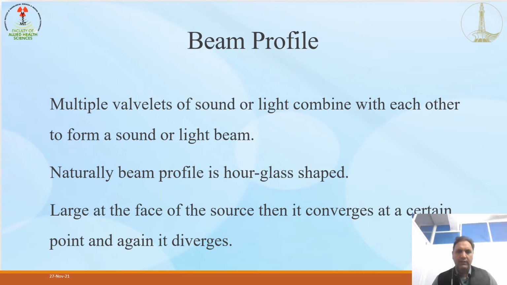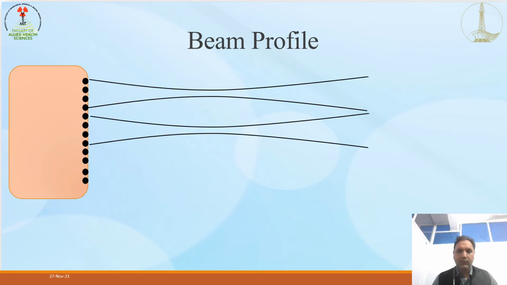It's wide at the face of the source, and gradually it becomes narrow at a certain point, and then it enlarges in size and diameter. You can say the beam diverges after the focal point.